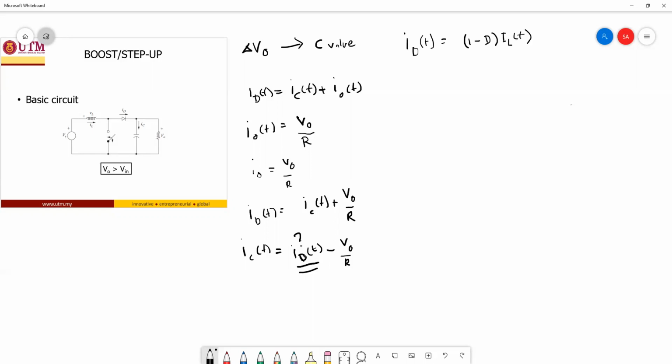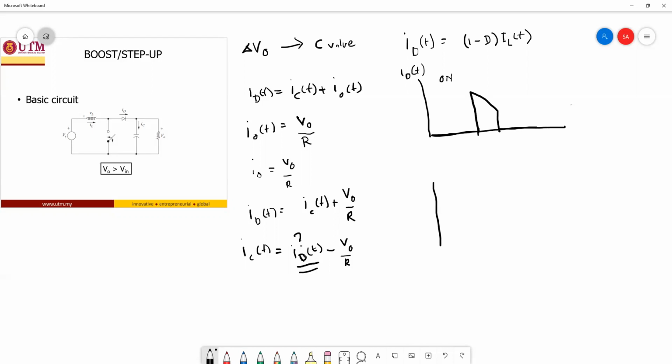So the diode waveform is like this. During switch on, it is zero. But during the switch off, the diode has the same current as the inductor.